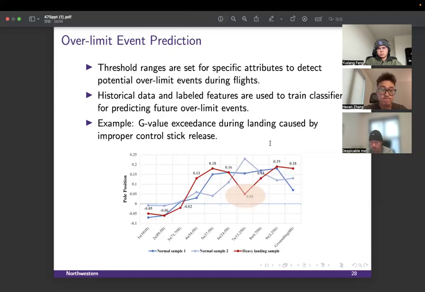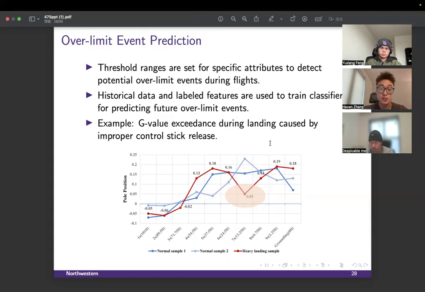For each flight parameter, we set the safety thresholds, such as the upper and the lower limits for G values. When a parameter approaches or exceeds its threshold, it triggers a potential event prediction.